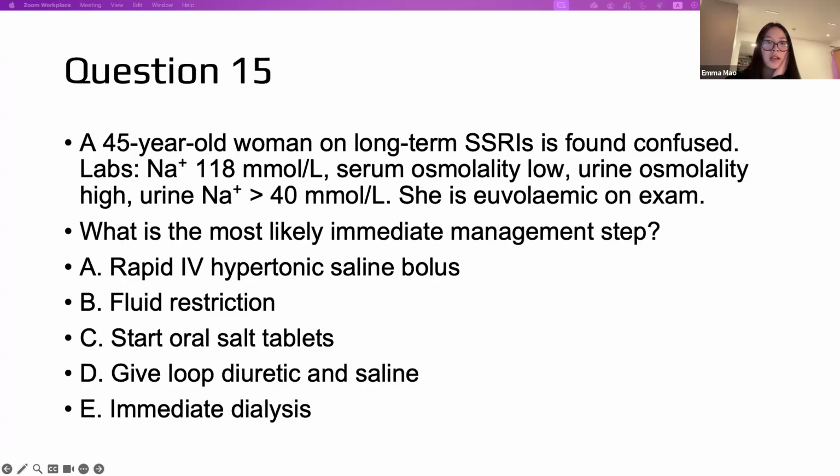The first, that she has SIADH, probably caused by the SSRIs. So we would want to stop the SSRIs as well. But out of the options here, fluid restriction would be the best one to do because salt tablets and hypertonic saline would correct it too quickly, and that would be bad, causing central pontine myelinolysis.